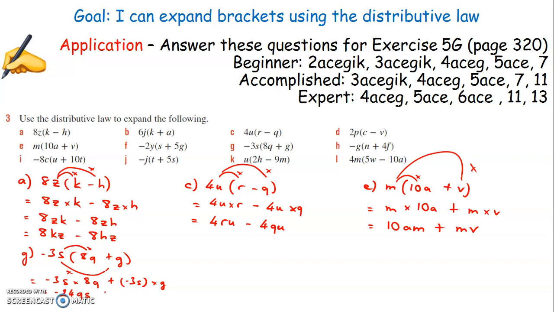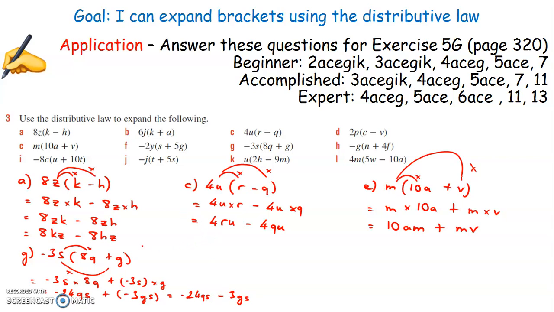And then here what we have is plus negative 3gs, because this g doesn't have any coefficient. So we can rewrite this as negative 24qs, and then plus a negative number is the same as subtracting, so minus 3gs.